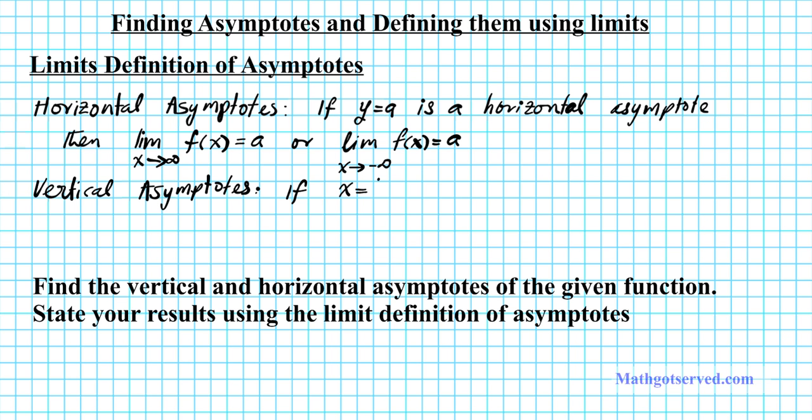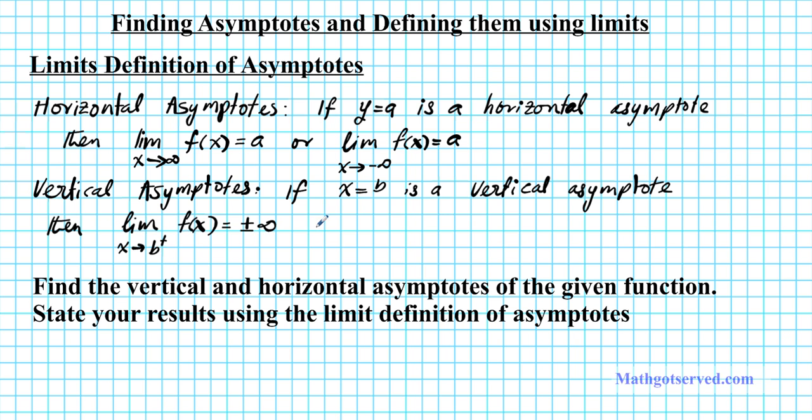If the vertical line x equals b is a vertical asymptote, then the limit as x approaches b from the right of some function f of x is plus or minus infinity, or the limit as x approaches b from the left of f of x is plus or minus infinity.